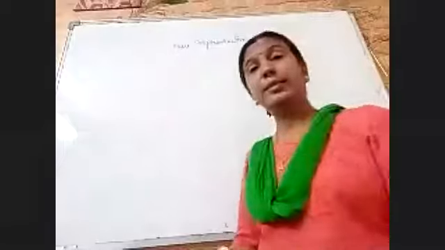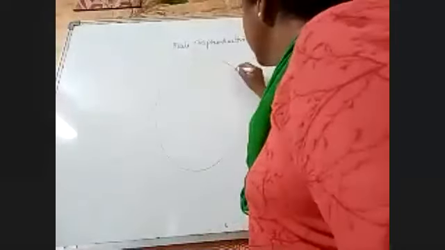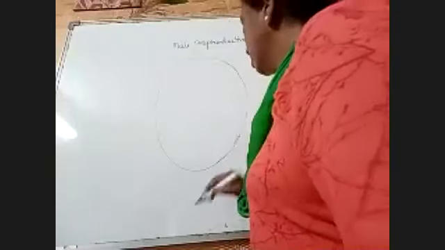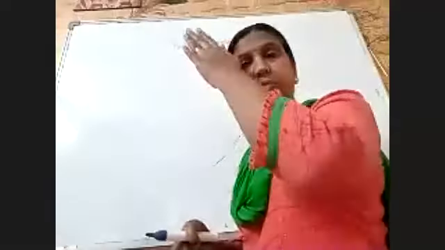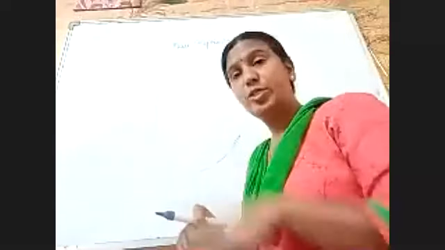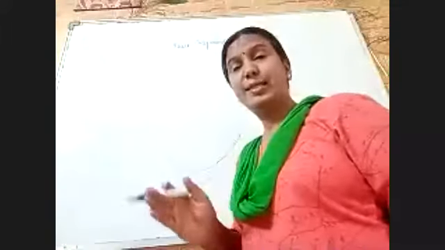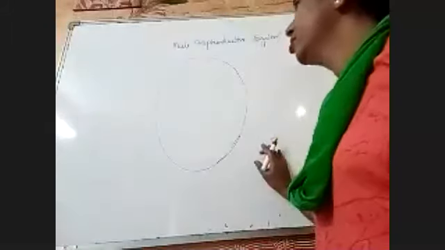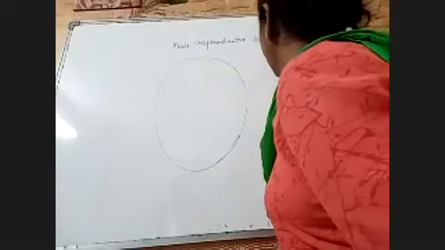So these testes. Again, I'm now taking the vertical section or longitudinal section. Okay. So when we take the longitudinal section, we will see that the testis is covered by 3 membranes.